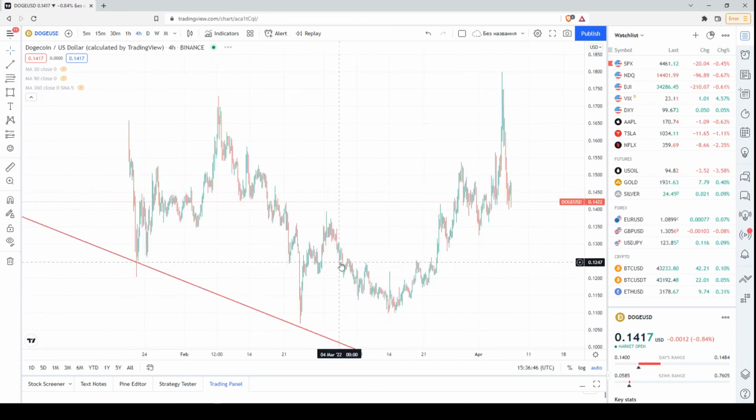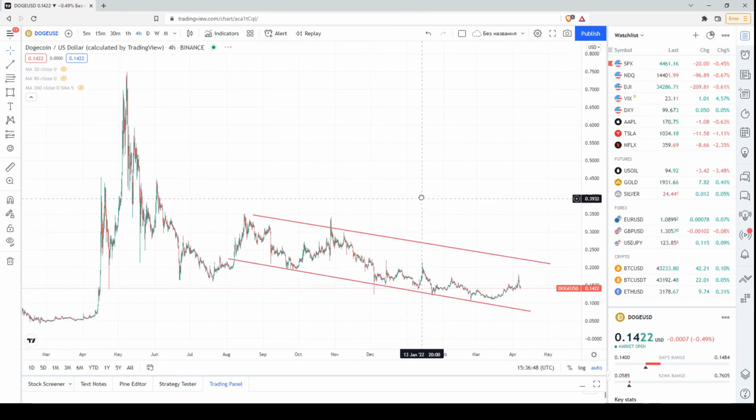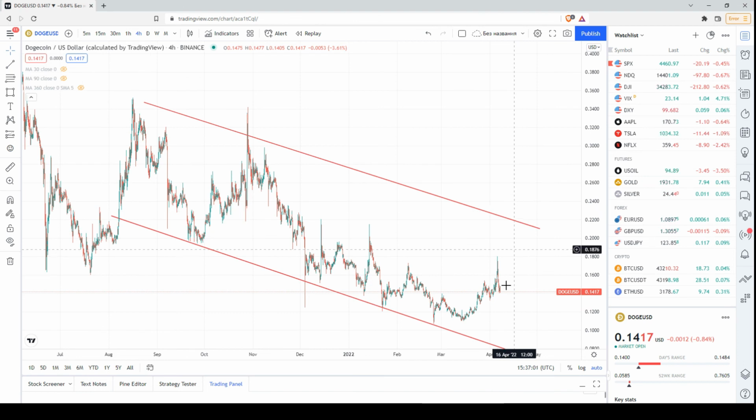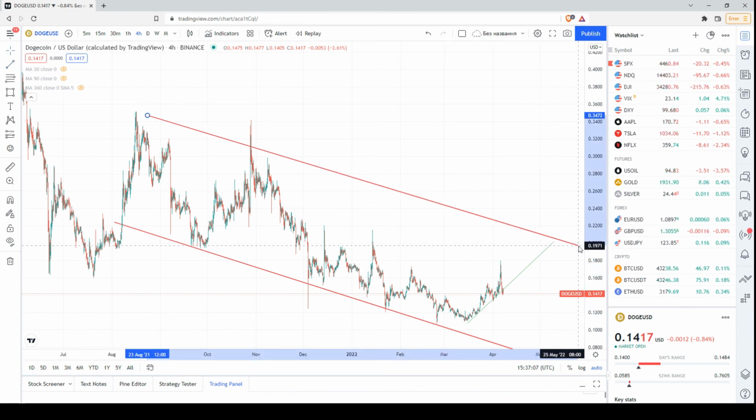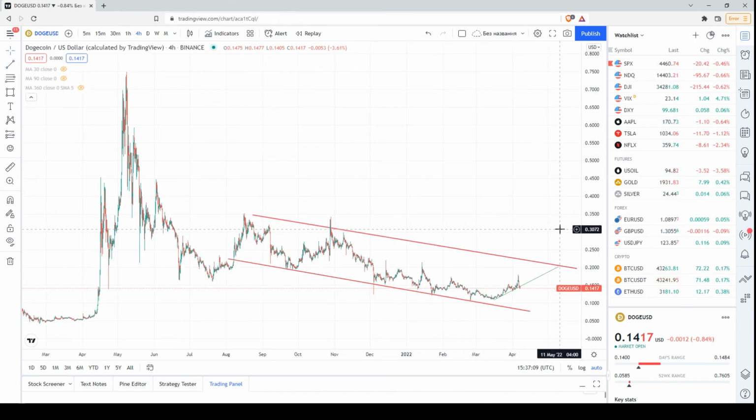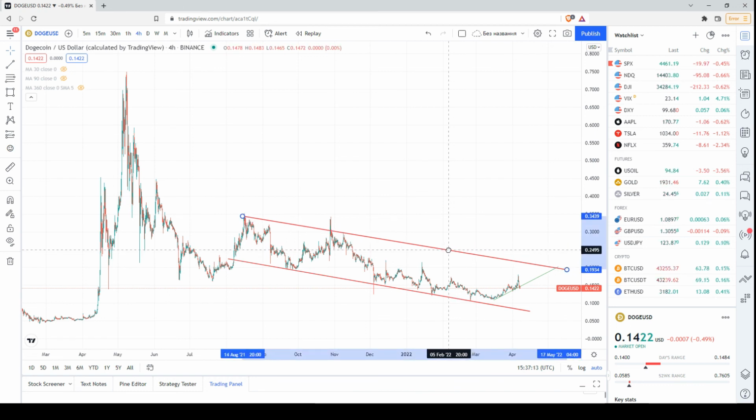Next, if we have a look at the 4-hour chart, the price has been moving down within this descending channel or downtrend, or a sequence of descending local highs and descending local lows. That's why we have to be really very cautious. Of course, if this rebound within this descending channel continues, I won't be surprised if the price reaches the upper line of this descending channel.